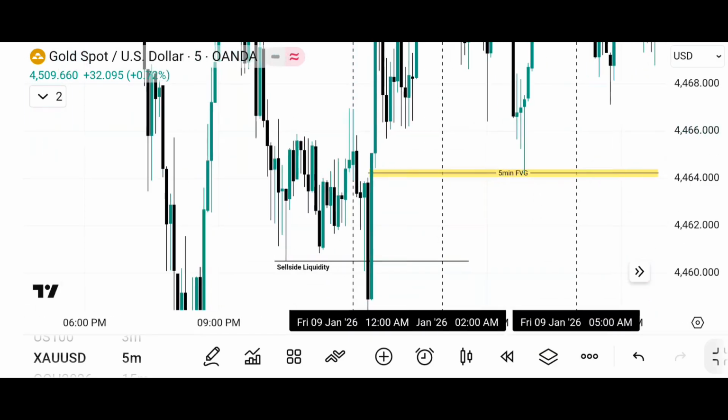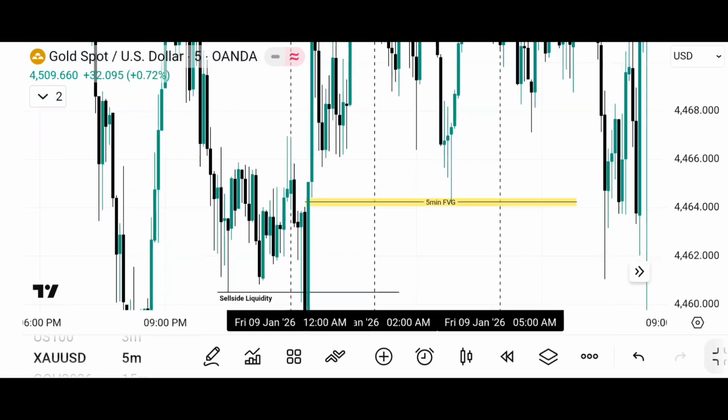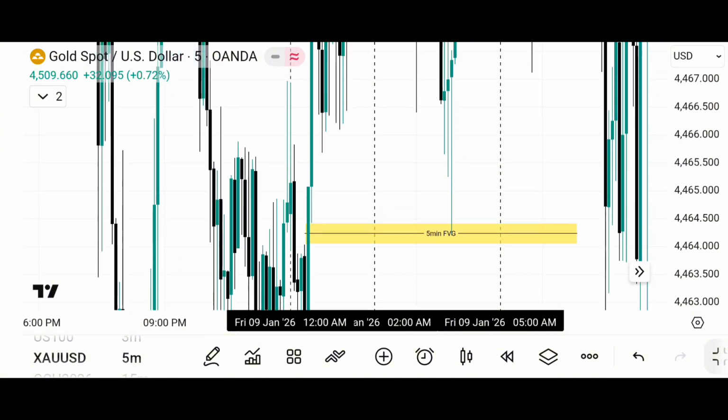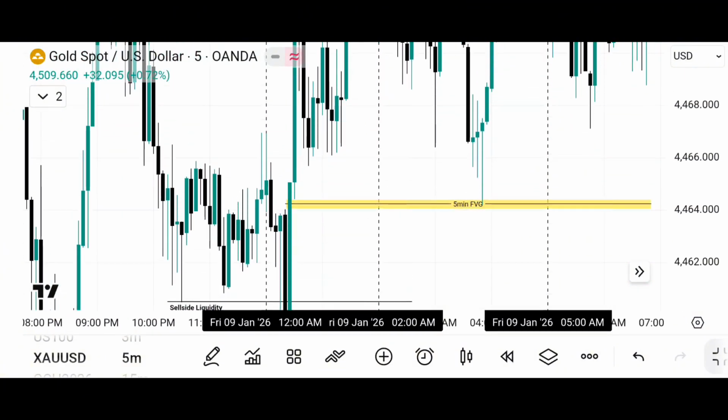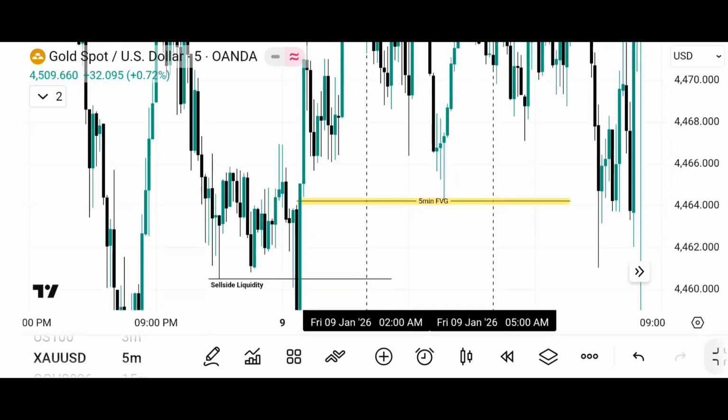So now at the London key zone, that's when the algorithm implies we want to run to a point of interest. I'll take this off so you can focus on the key zone.